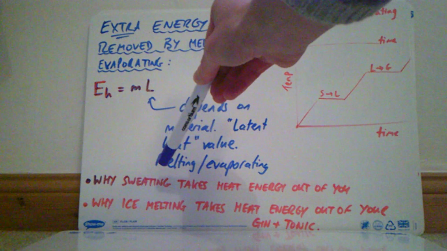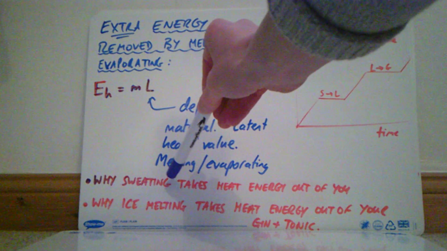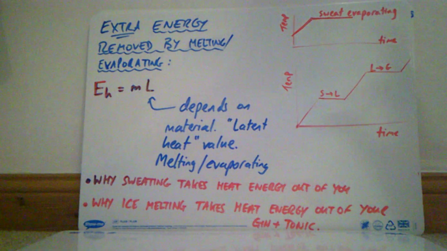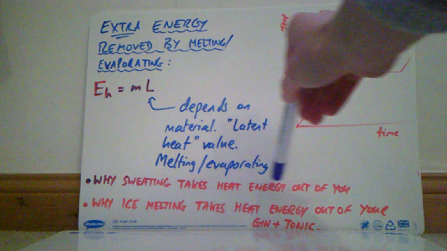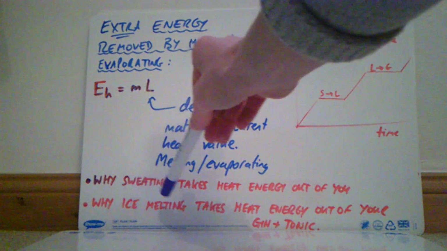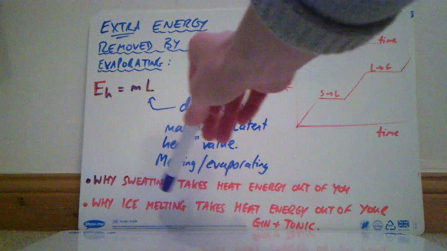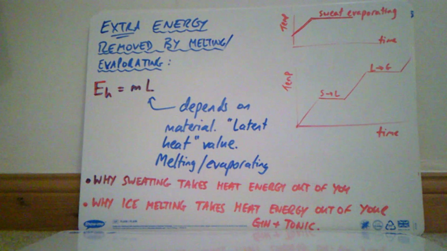When water, which is what sweat mostly is, turns into water vapor, that state change needs extra heat energy. Where does that come from? It comes from your body. So that's why sweating is so useful for taking heat energy out of your body. If you put ice cubes in your gin and tonic, when these ice cubes melt, this melting needs extra energy. That extra heat energy comes from the drink, and this is why ice cubes keep your gin and tonic nice and cold.